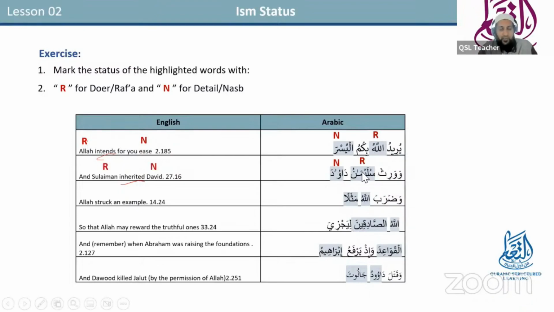Now, just on a side point, and we'll cover this more in the next lesson or maybe after, in English, in order to differentiate the status, the status is in sequential order. So the word Allah is rafa', and then ease comes after, the nasab comes after the rafa'. Same in the second example.